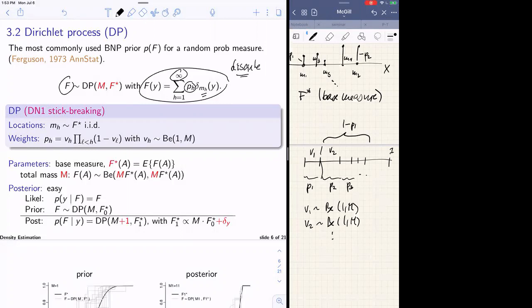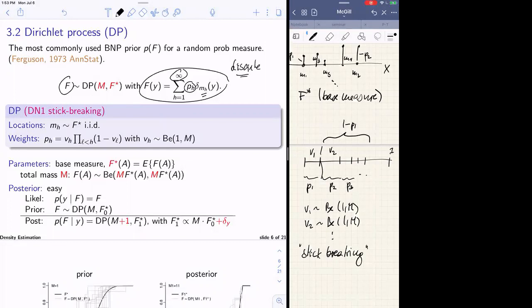This construction has a name. It's called stick breaking, because you can think of starting with a stick of length 1, and then we just iteratively break off a beta-distributed fraction from that stick, right? So that is a constructive definition of a random probability measure. It's our first BNP prior.